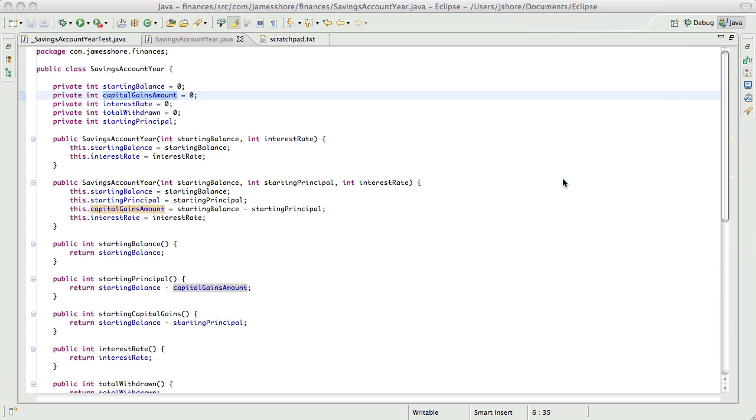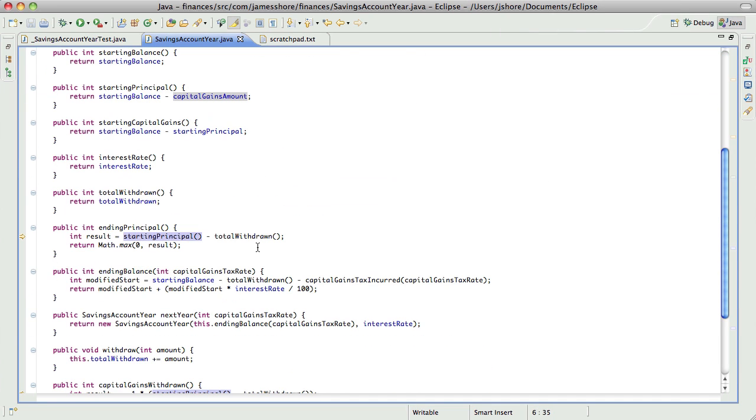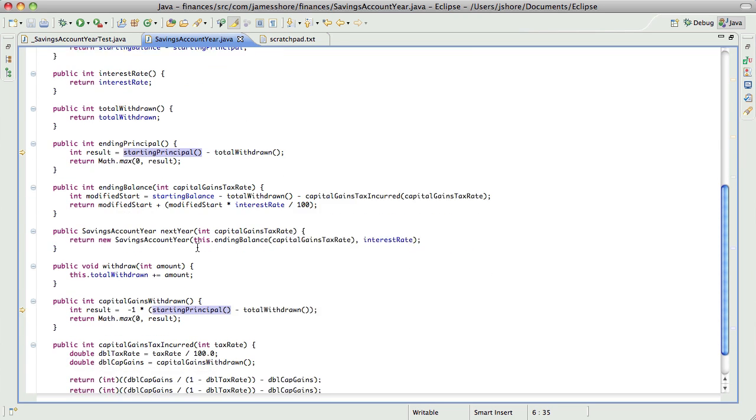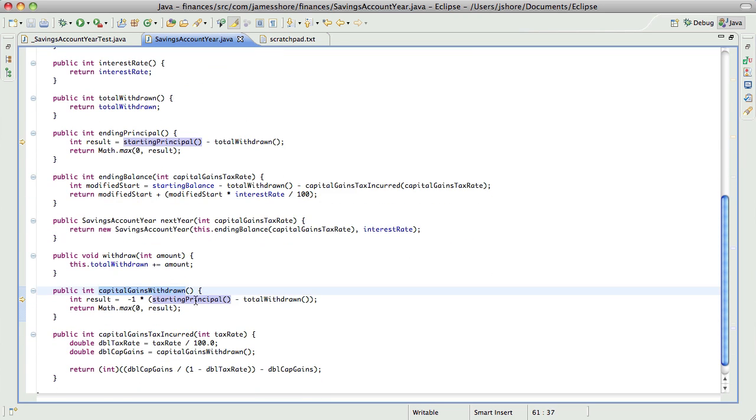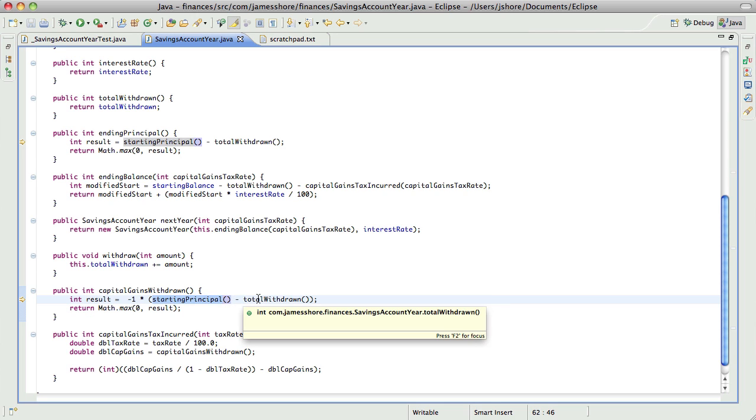That's interesting. We're only using capital gains amount there. So how are we figuring the capital gains? Capital gains withdrawn is starting principal minus total withdrawn.